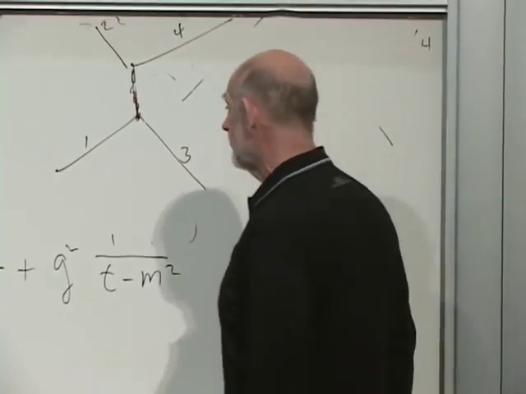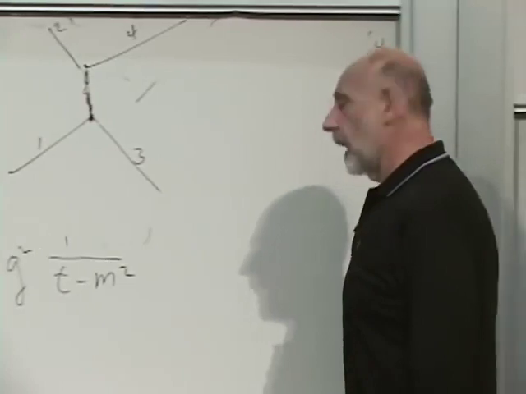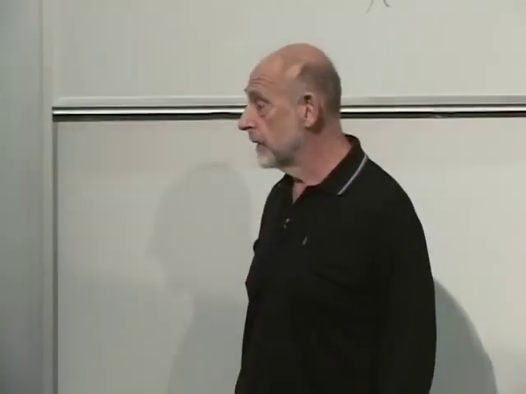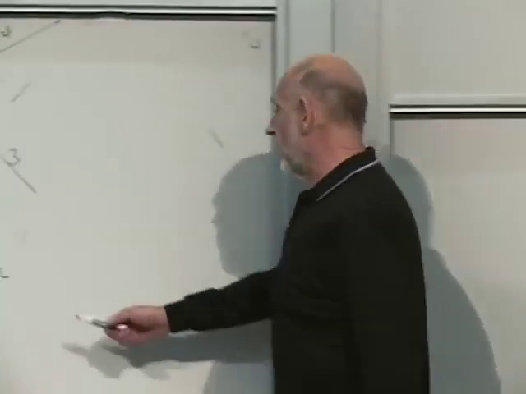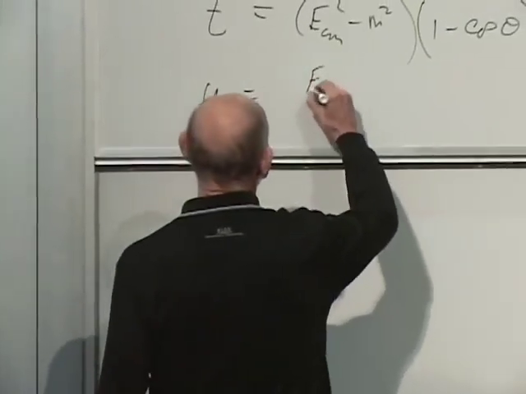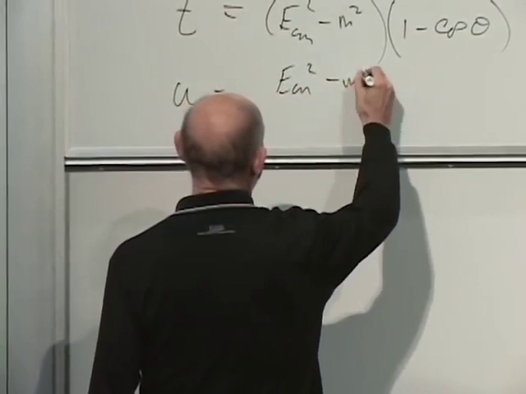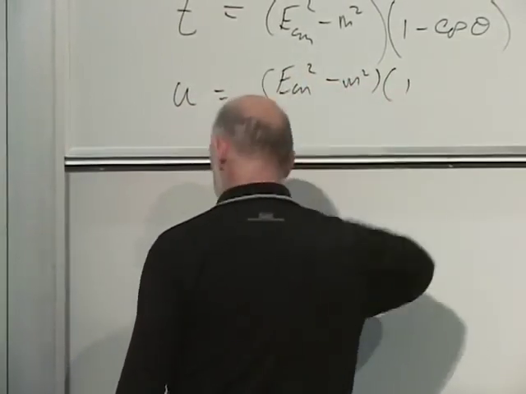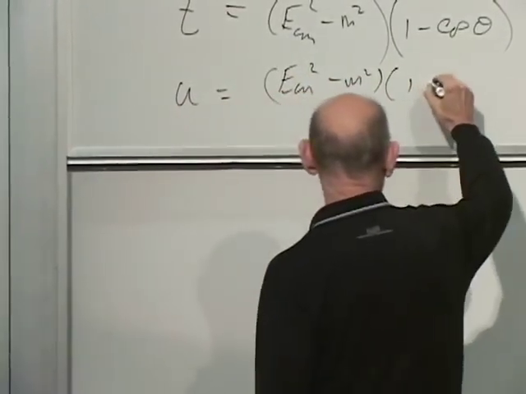And because the three are not completely independent, yes, they're connected. So what is u? It's interesting. U is equal to e center of mass squared minus m squared times 1 plus cosine theta.